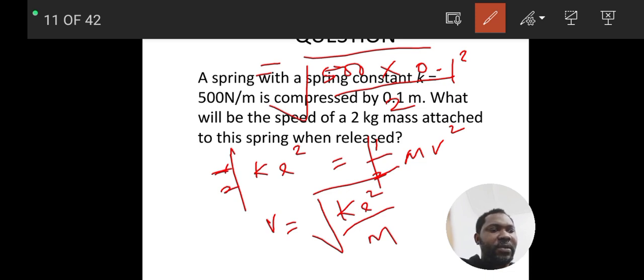Okay, so that is going to give us root 2.5. The answer here is going to be 1.58 meters per second. Okay, so it's important to know that we can apply conservation of energy here too.